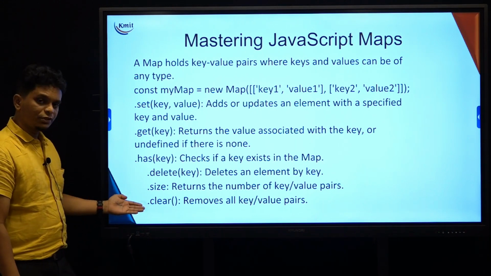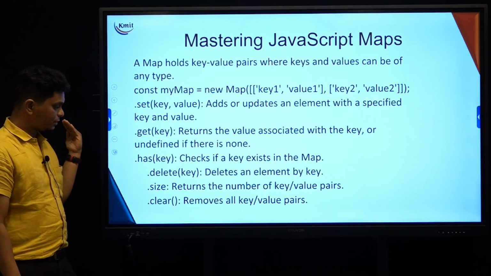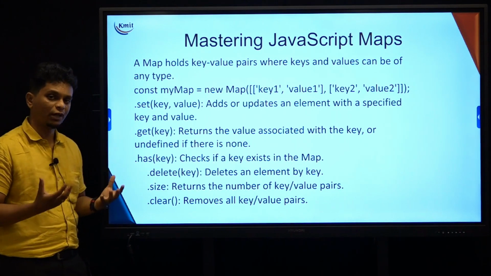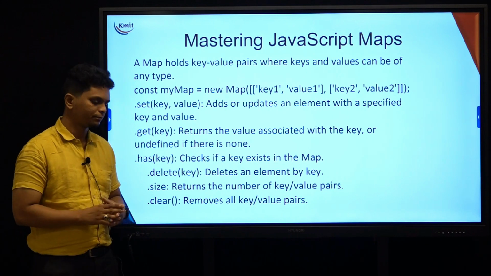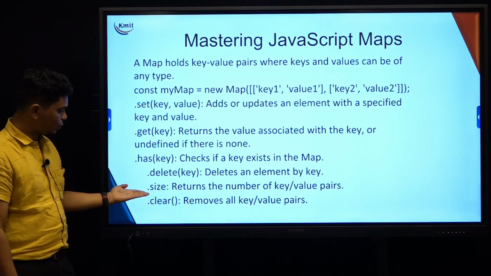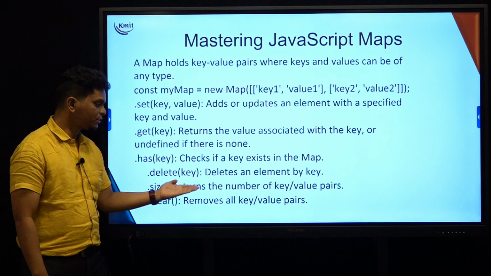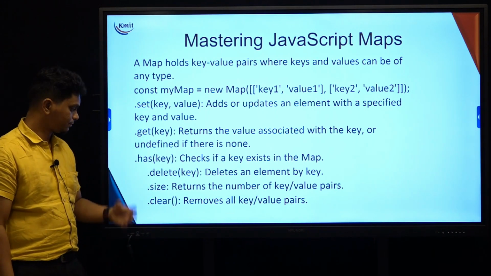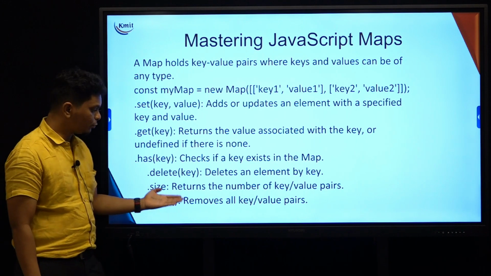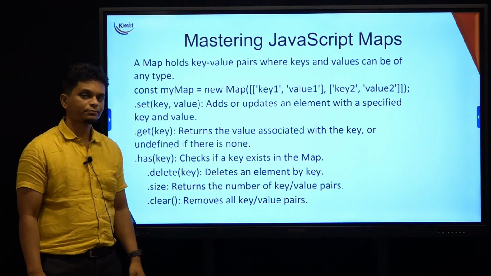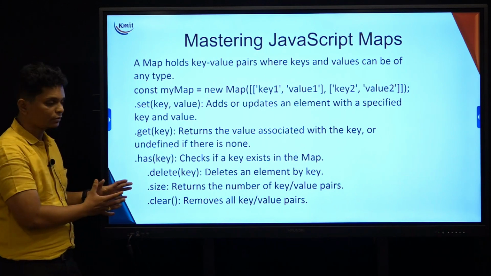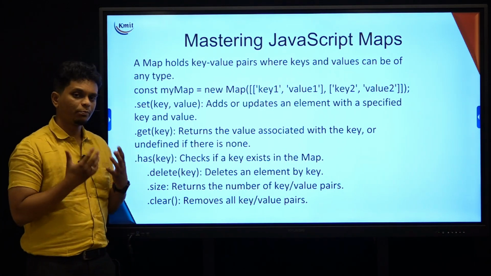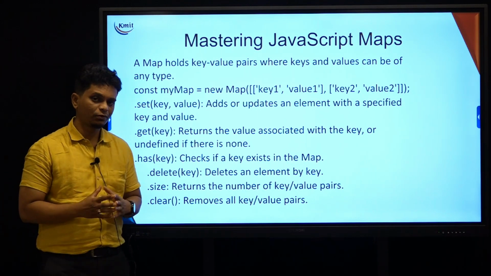These we have already seen in the case of sets. Dot delete deletes an element by key. So if you want to delete an element you need to mention its key. Then dot size returns the number of key value pairs in a particular map. And dot clear removes all the key value pairs. So these are the various methods available to perform various operations on maps.